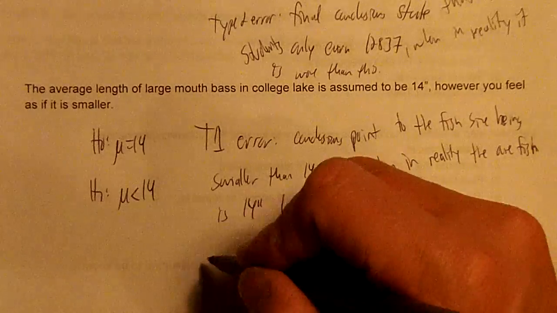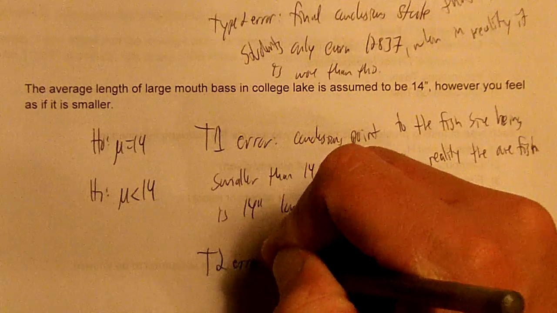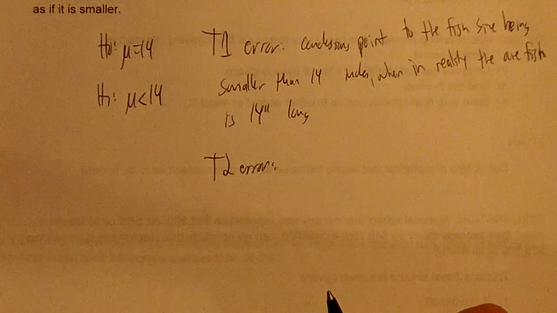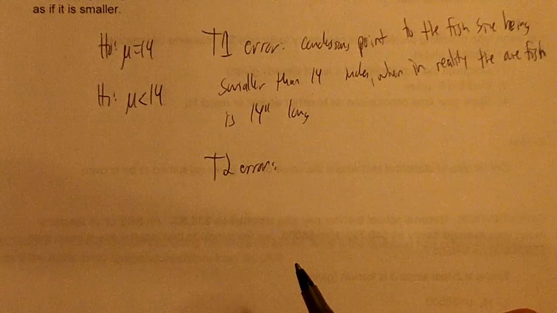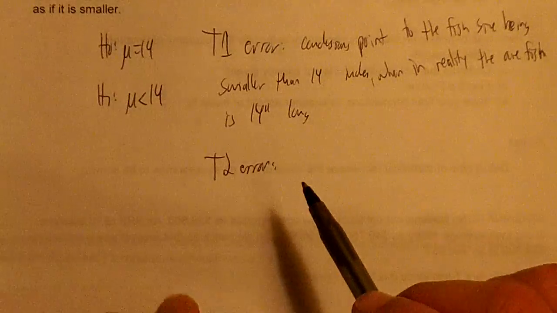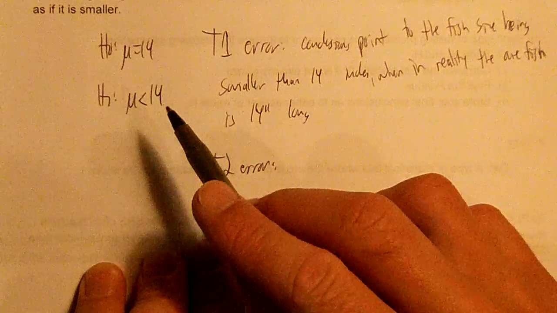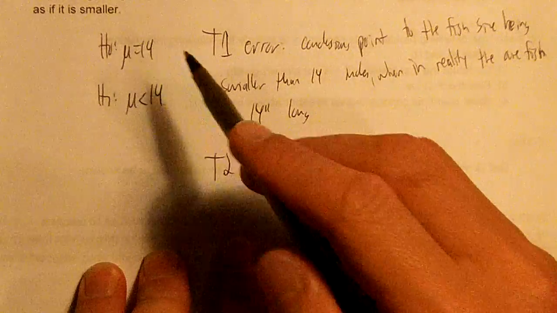Alright, and then finally, type 2 error. And this is what you might be asked to do on a test, right? Simply just list out what the errors might indicate. So the type 2 error, you fail to reject the null when the alternate was actually true. So fail to reject when it should have been rejected.